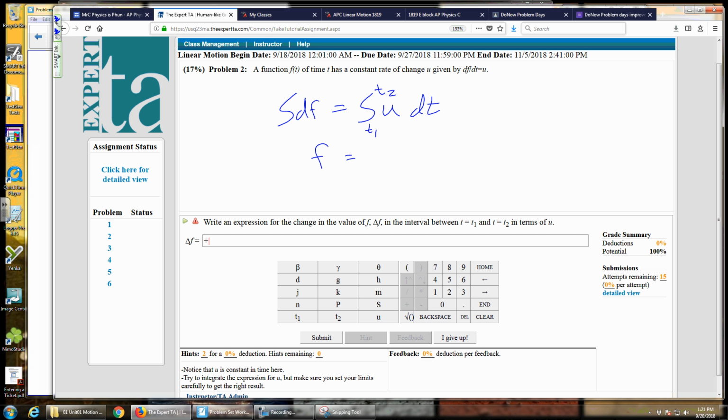But it would be, yeah, that's where I was thinking it was just f at t2 minus f at t1 is what I was thinking. But that seems too simplistic. That seems way too simplistic.